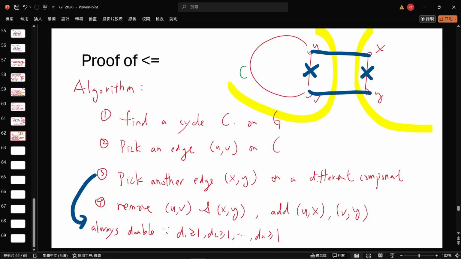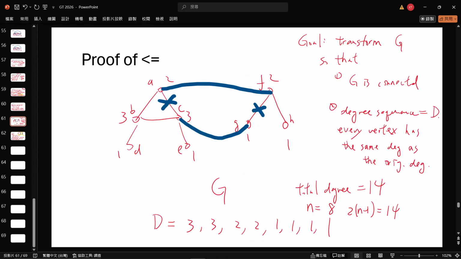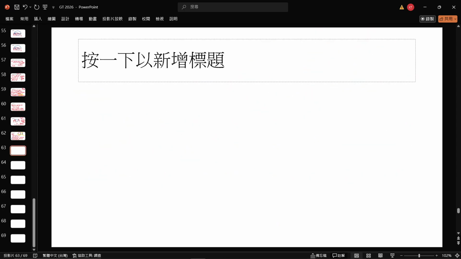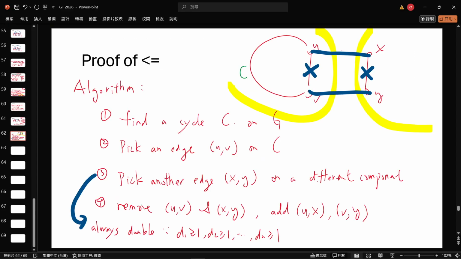So we have two properties here, and so far we've used the first one. Where should I apply the second property, that is, the total degree is large enough? Can I always find a cycle in any component?